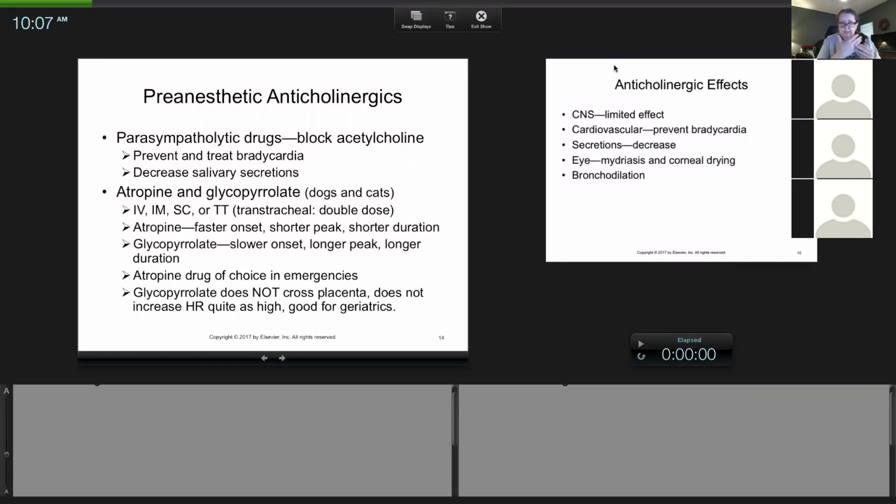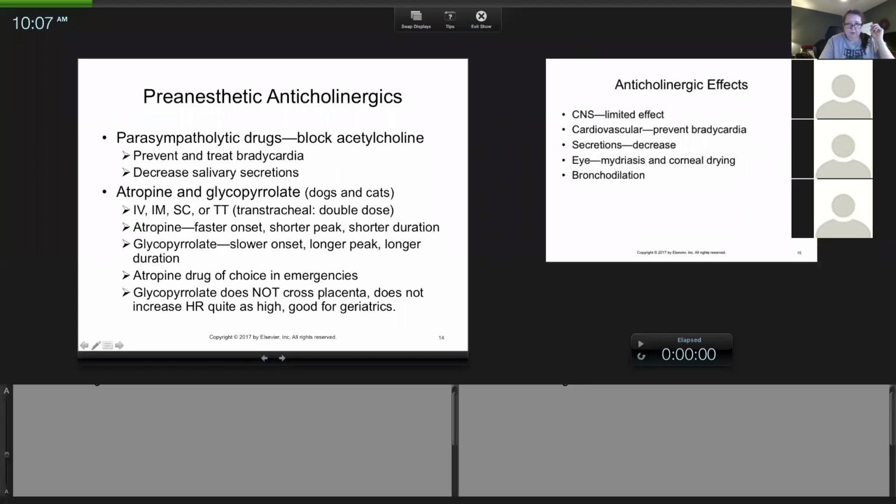There's a category of anticholinergics. Anticholinergics are typically considered an adjunct because they aren't a sedative, they're not a tranquilizer, they're not an analgesic. We are giving them to treat a problem or try to prevent a problem.